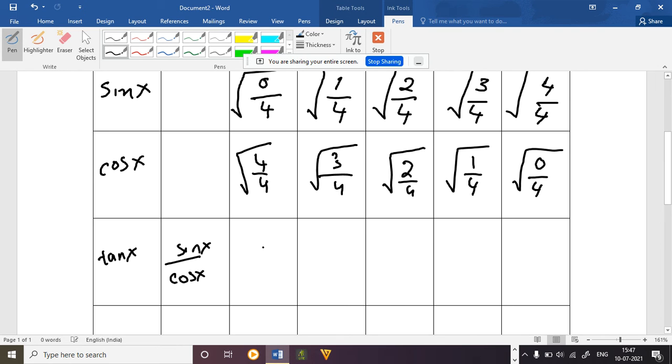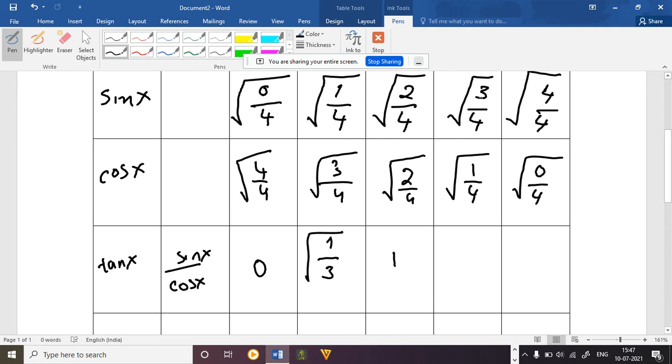So 0 by 1 is 0. This would be 1 by root 3. And these two are the same, right? So this is 1. And root 3 by 4 divided by root of 1 by 4 is nothing but root 3. And this is nothing but 4 by 0, so it goes to infinity.